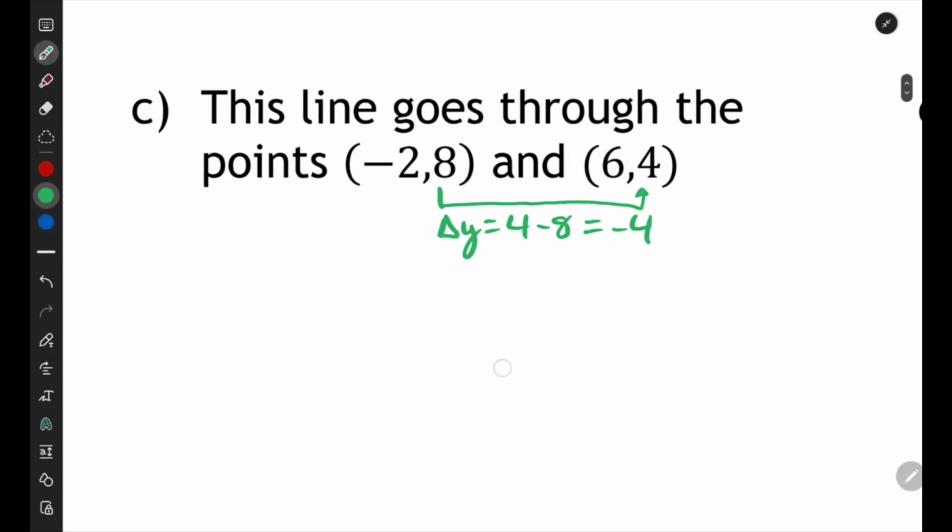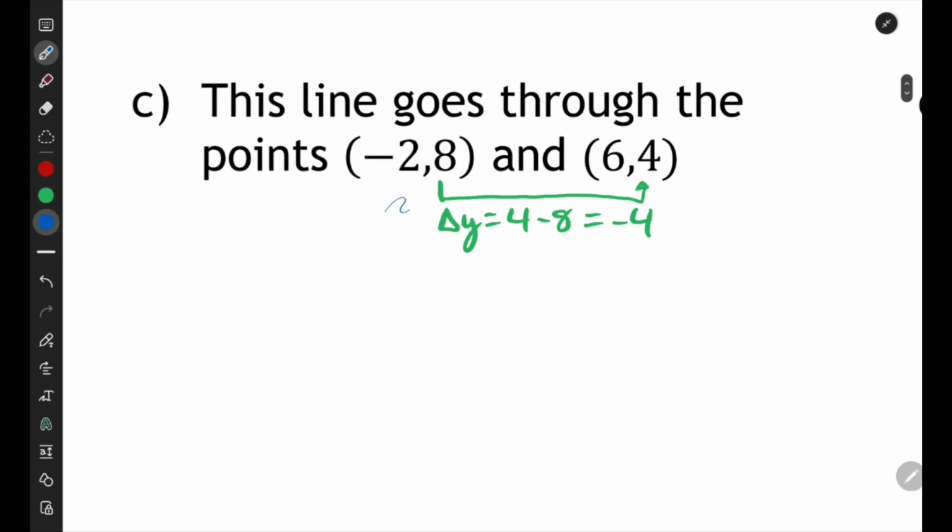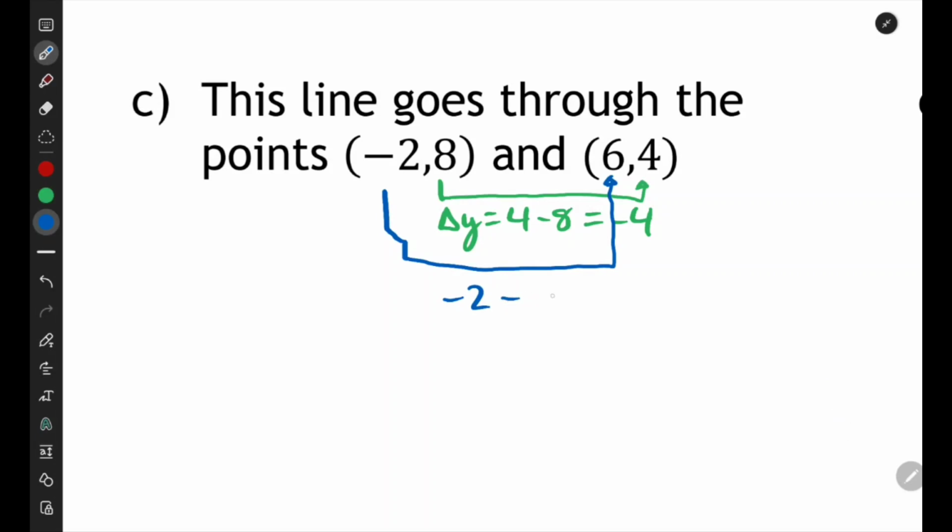I'll do the same thing, same direction, for my x. I'll say x is at negative 2, and it travels to positive 6. So I'm going to take the negative 2, and I'm going to subtract. Oh, I'm doing that the wrong way. Let's go the other way. I'm going to take the 6, and I'm going to subtract the negative 2, which is the same as 6 plus 2.